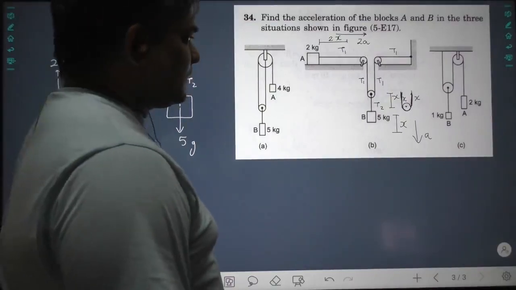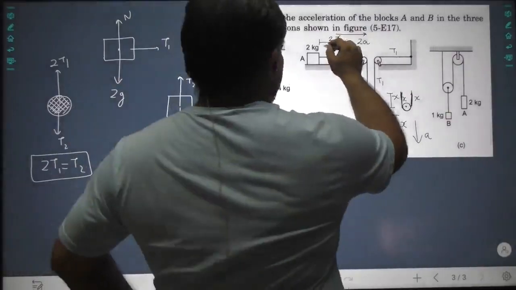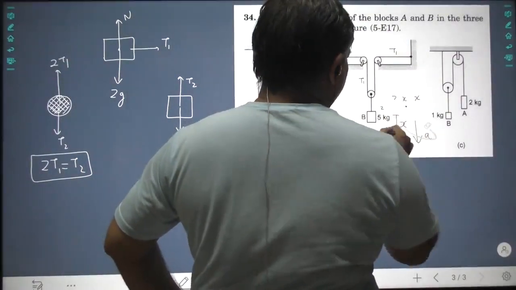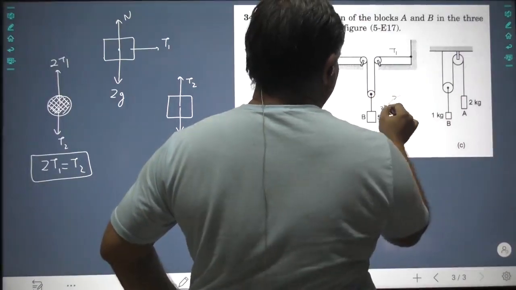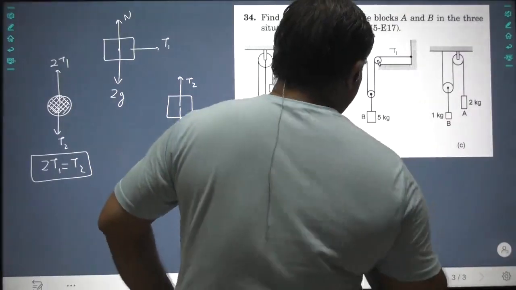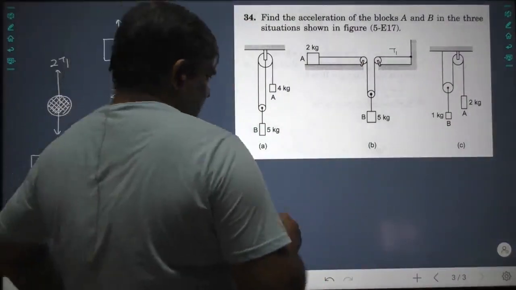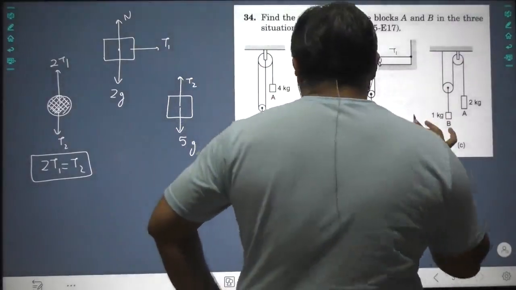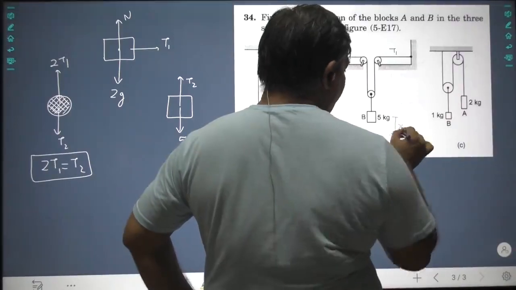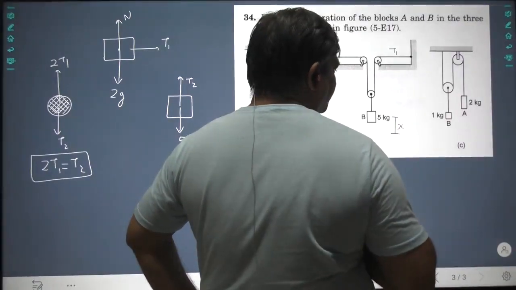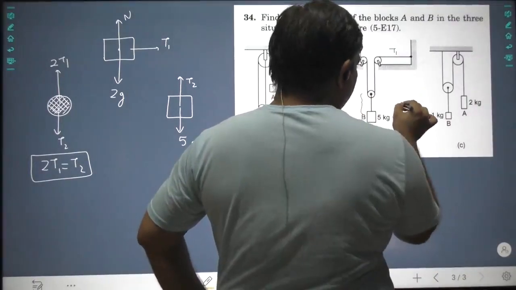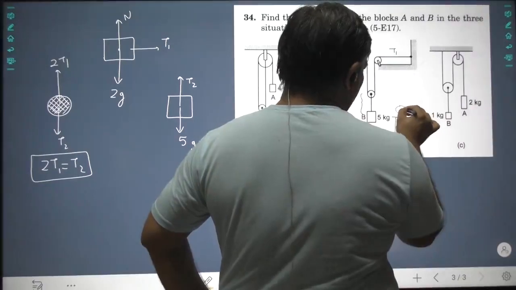Once again, see it once again. Things are very easy. Again, same situation. In all these three, we have the same situation. Once again, please listen very carefully and keep on saying yes. If this moves X downwards, say yes. Now this part is fixed, so the pulley will also move X downward.